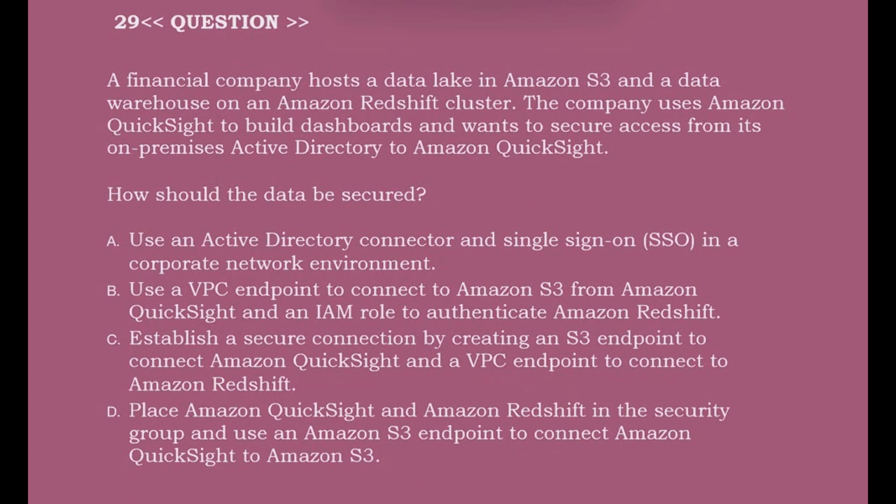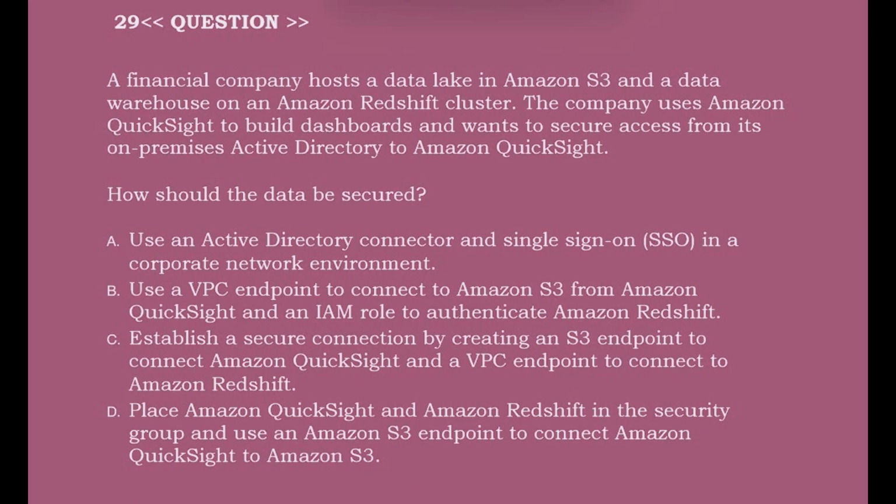Option A. Use an Active Directory connector and single sign-on (SSO) in a corporate network environment. Option B. Use a VPC endpoint to connect to Amazon S3 from Amazon QuickSight and an IAM role to authenticate Amazon Redshift.